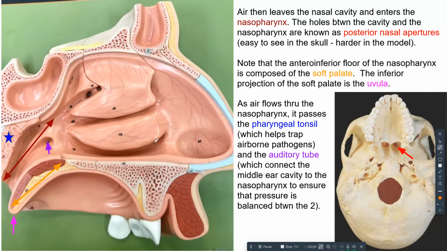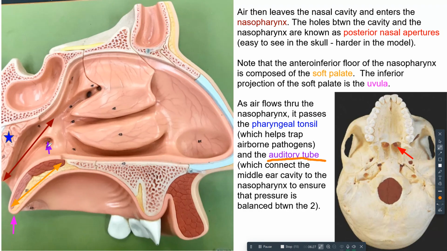Well positioned to catch pathogens as they're inhaled. We also see an opening on the lateral wall of the nasopharynx. That is an opening to an auditory tube. The auditory tube connects the nasopharynx to your middle ear cavity, where you've got those little bones, the malleus, the incus, and the stapes.